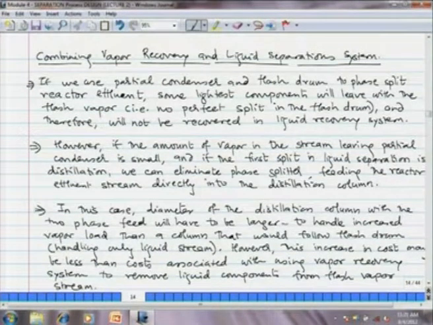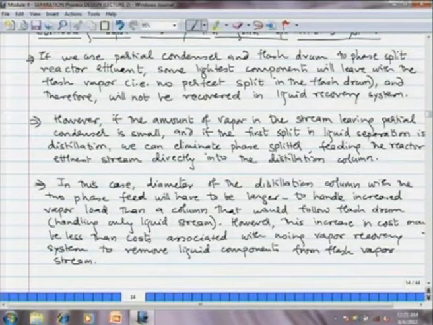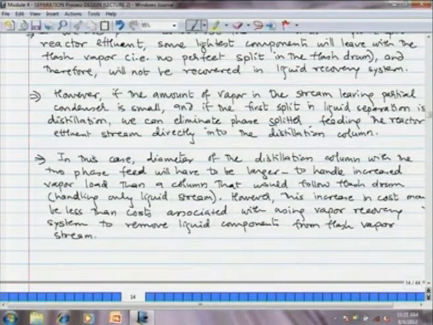It might increase the diameter of the distillation column, because the vapor coming in the feed also has to be accommodated, but that will take off the phase splitter. So, you reduce one unit from the process, which will bring down the fixed cost. In this case, the diameter of the column with the two phase feed will be higher, as I just showed, to handle the increased vapor load, but at the same time the cost associated with the vapor recovery system to remove liquid components from flash vapor will be reduced.